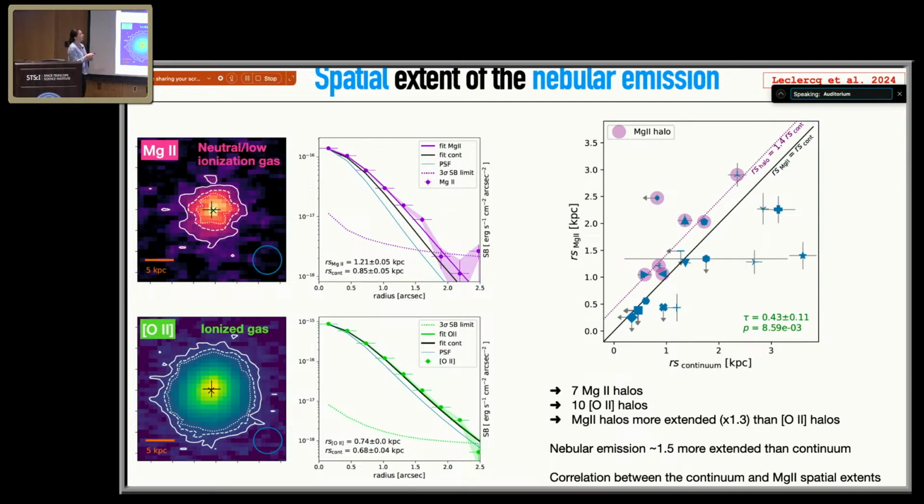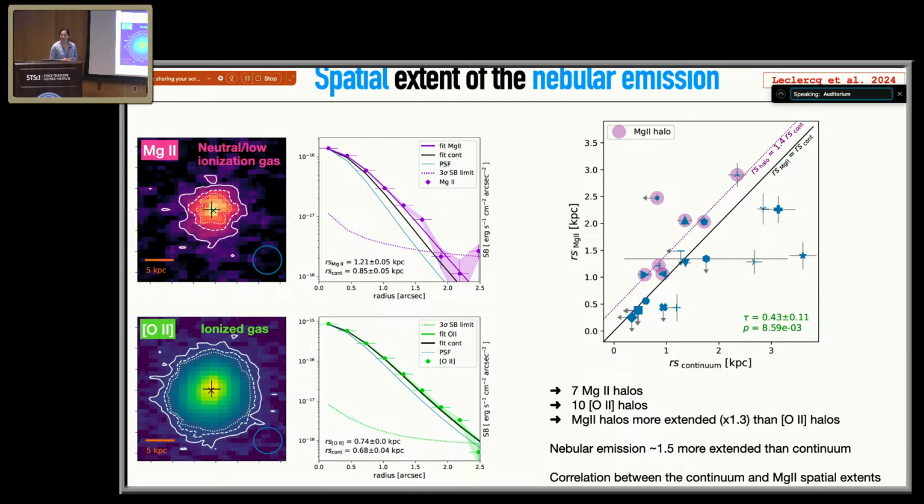If we compare the extent of the magnesium II, the neutral, low ionization gas, to the stellar size, the UV continuum, we see that 7 objects are above the one-to-one relation, meaning that we detected significant extended emission in magnesium II for all of them. I'm not showing the results for O II, but we also detect O II halos around 10 objects of the sample.